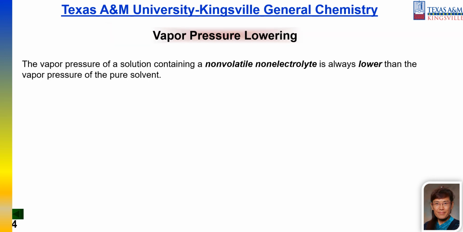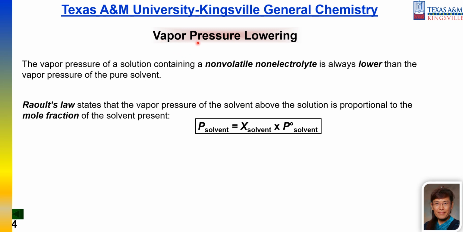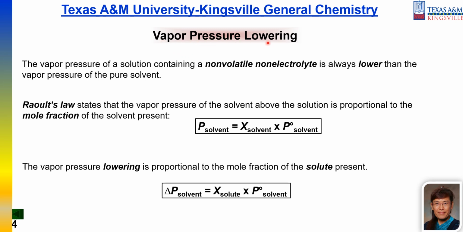So we have 4 different properties. One is called vapor pressure lowering. The second is boiling point elevation. The third is freezing point depression. The very last is osmotic pressure.